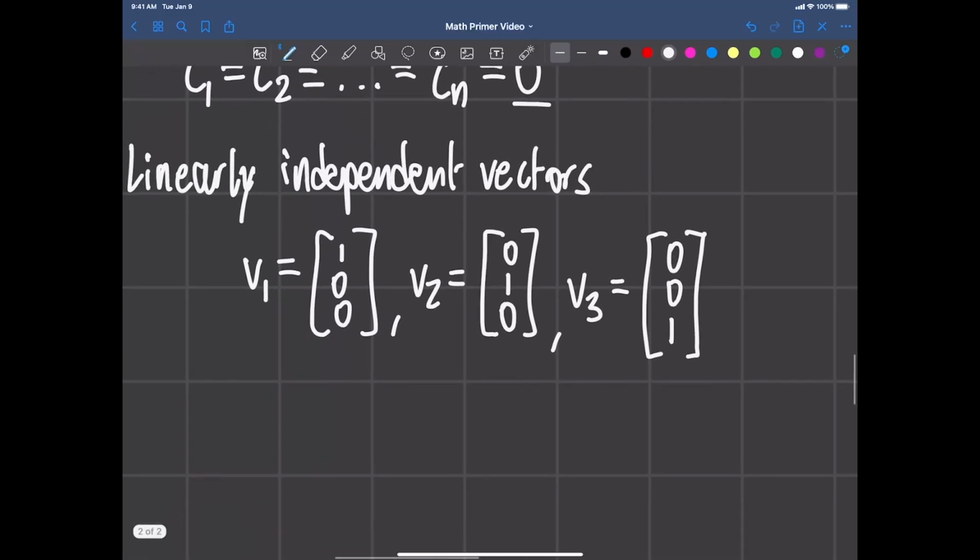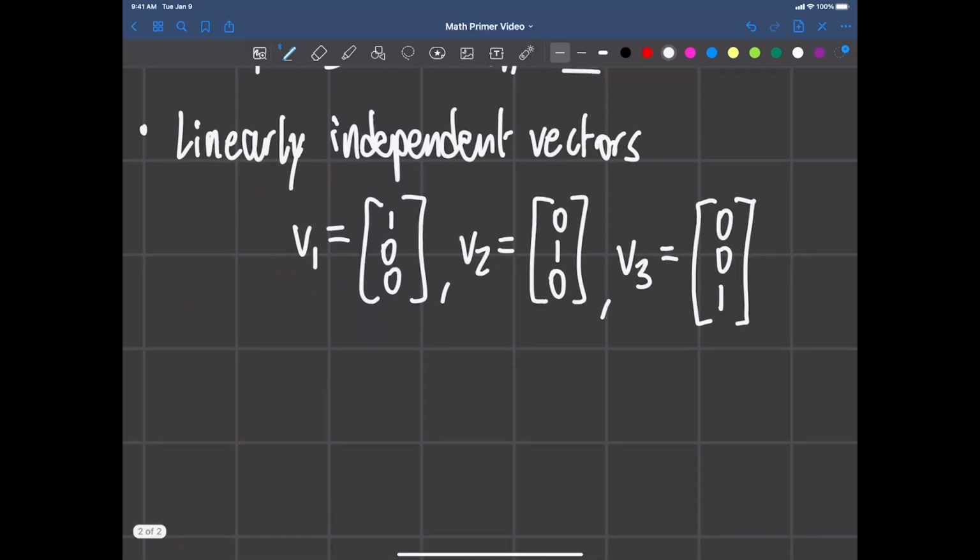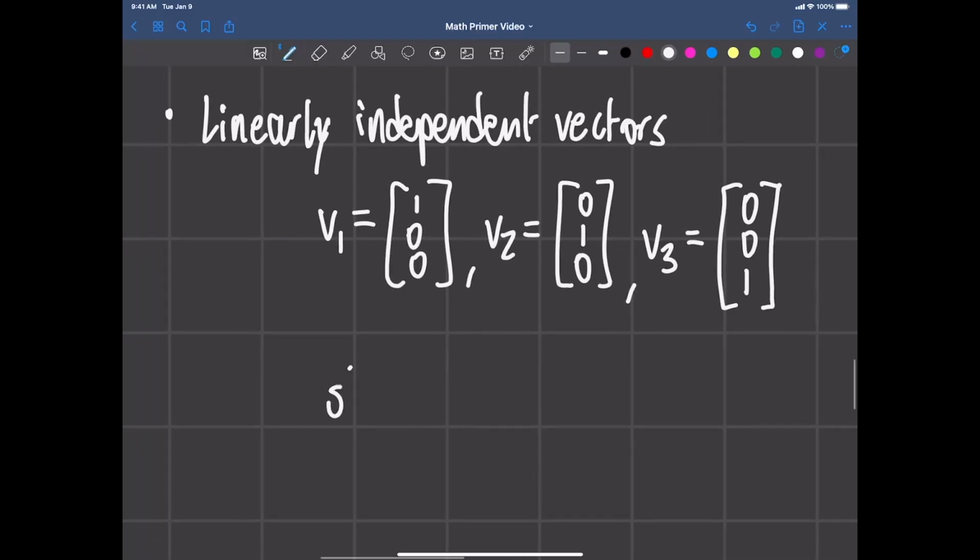Thus, these are linearly independent vectors. And these vectors are also known as the standard basis vectors for R cubed. R cubed meaning the 3D space of real numbers. Standard basis vectors.